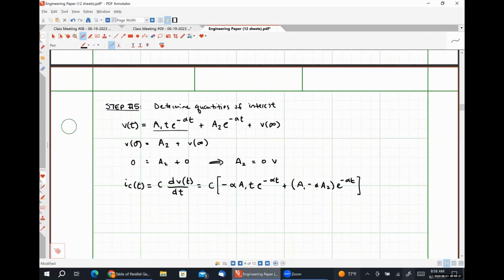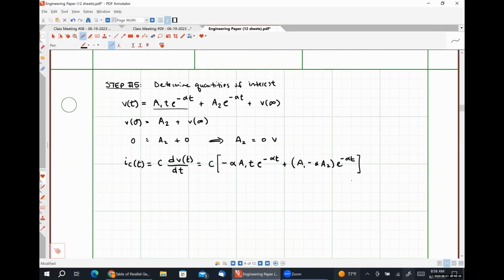All right. So we're going to look at what happens to this guy at t equal to 0 plus as well. So IC at 0 plus, C is going to stay. So this term is going to go to 0 because we're multiplying by t again. So anything times 0 is equal to 0. And so all we're going to be left with is C times A1 minus alpha A2, because e to the negative alpha t goes to 1.